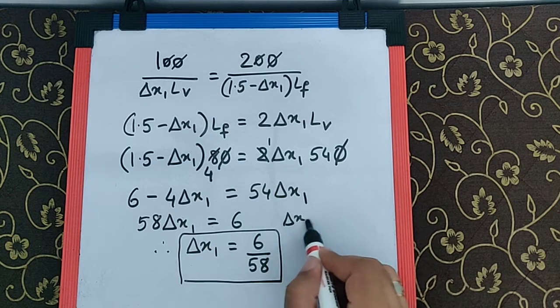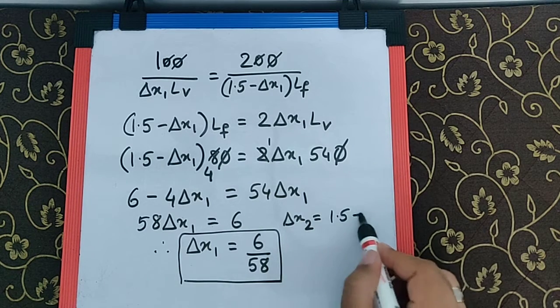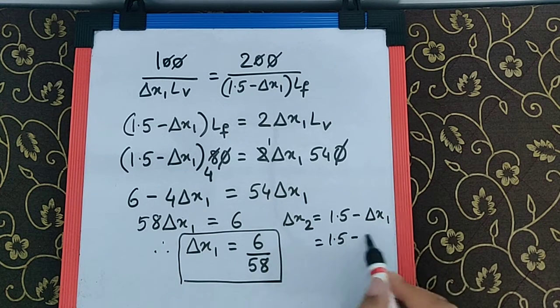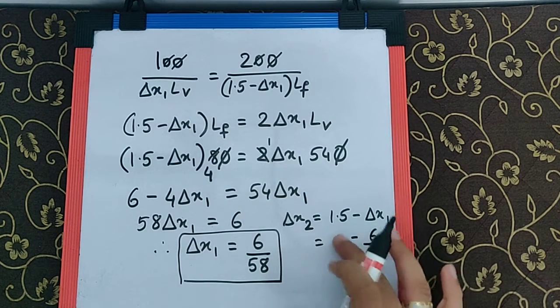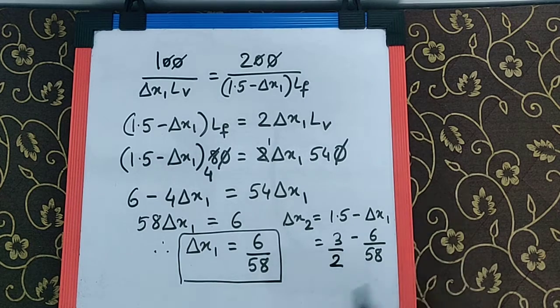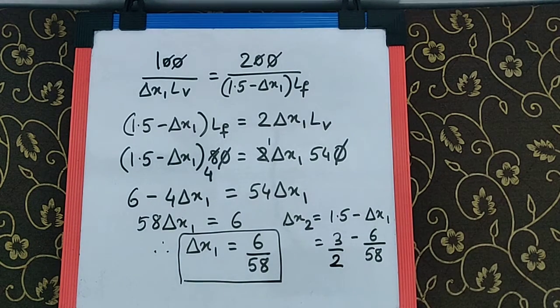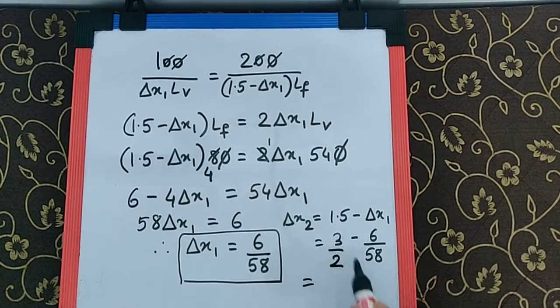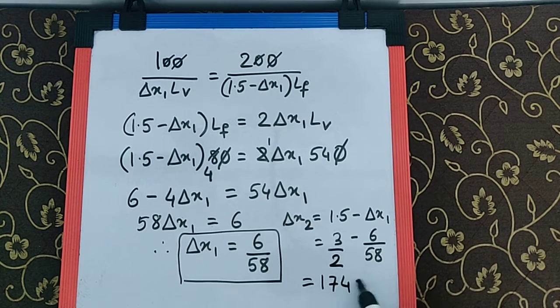Now this is what we got as delta x1. If you remember, delta x2 is 1.5 minus delta x1, which means it is 1.5 minus 6 upon 58. Now if I simplify this, I can rewrite 1.5 as 3 by 2, which means I need to multiply 58 with 3, which will be 174, minus 12 upon 58 into 2, which is 116.